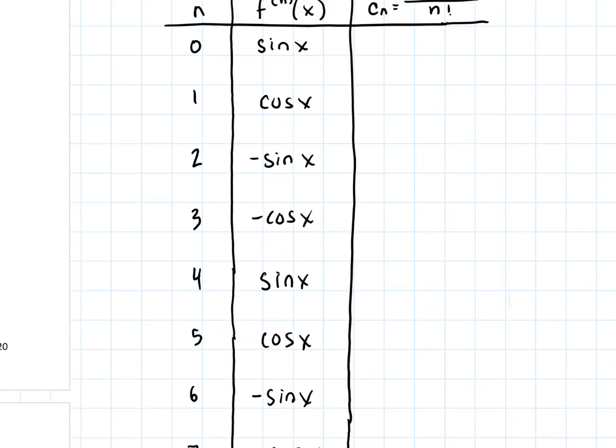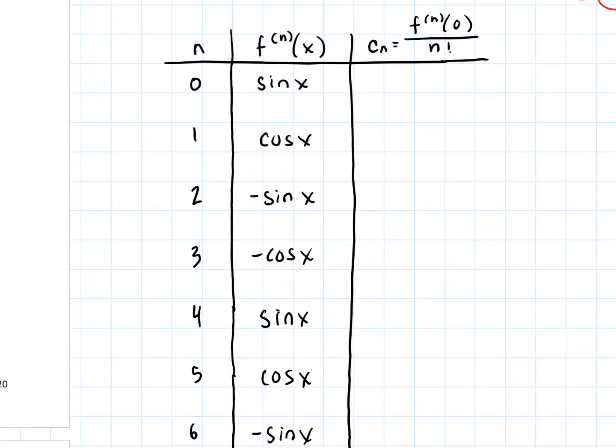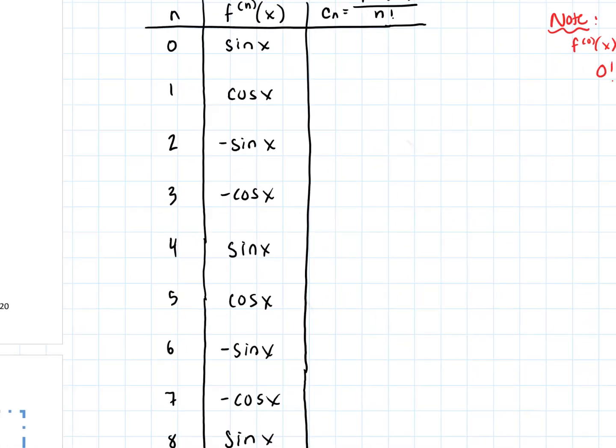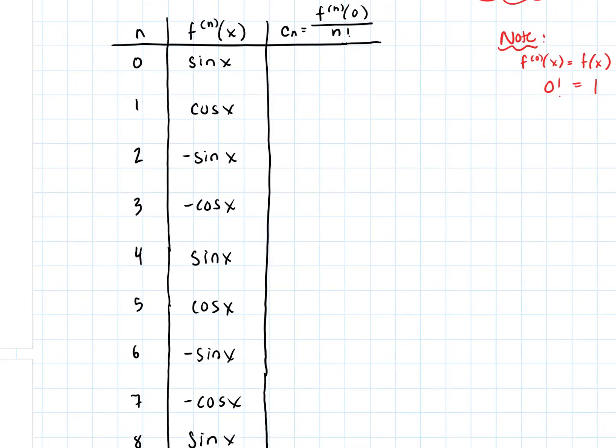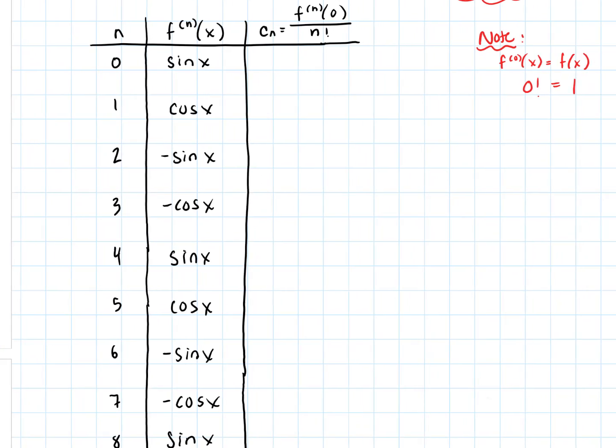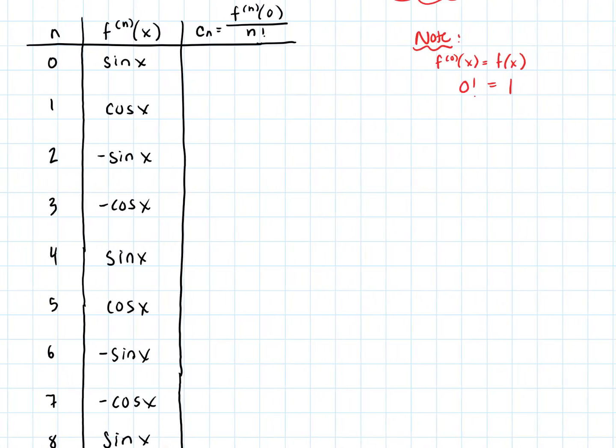Okay. So just so that we can fully see what's going to happen here, I wanted to go out to 8 derivatives so that we can really see what's going to happen with the pattern, and that will help us when we go to write the power series. So now when I actually evaluate these derivatives at 0, notice what happens. This first term becomes 0. The second term will become 1 over 1 factorial.